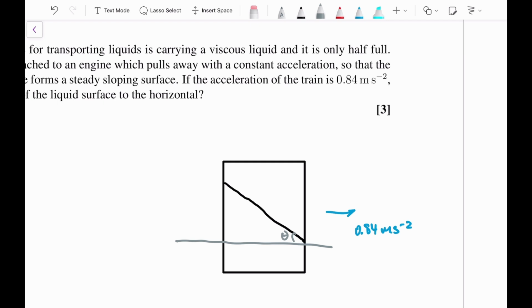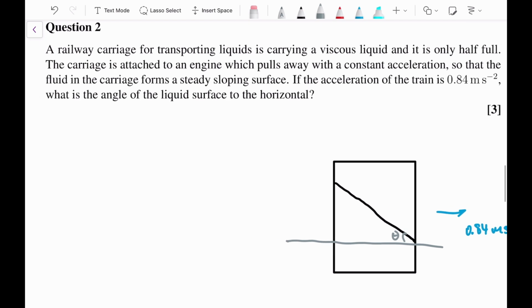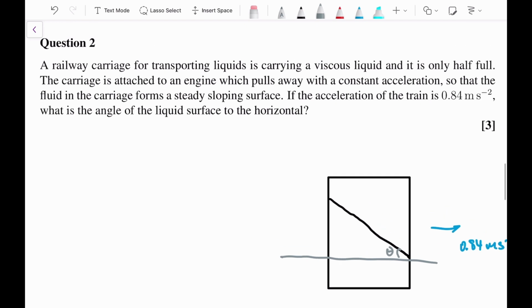This is a rather abstract question. We're only given the acceleration. But there is one very important piece of information, which is that it forms a steady sloping surface. If it's steady, this means that this system is in equilibrium.